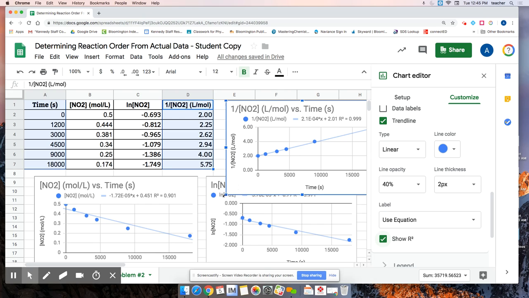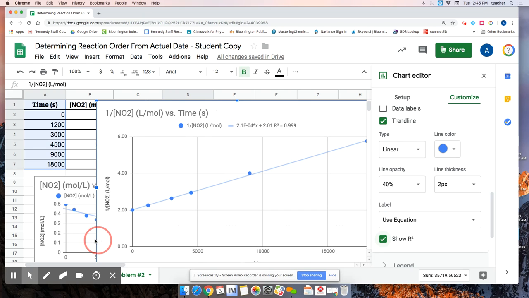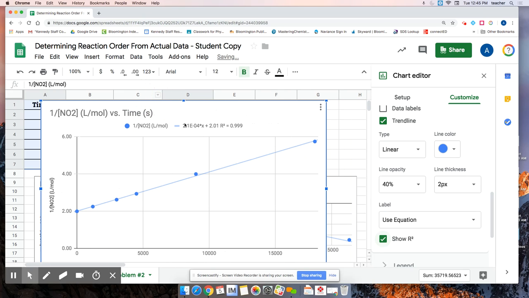Okay, so now I want to focus on this graph to answer the rest of my questions. So my first question is, what is the order of this reaction with respect to the reactant, and how do you know? I know that it's second order reaction because the 1 over concentration versus time graph has a straight line with an R-squared value of 0.999, so that's pretty good.